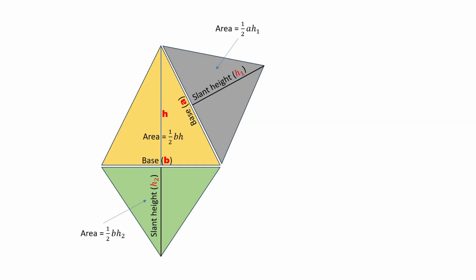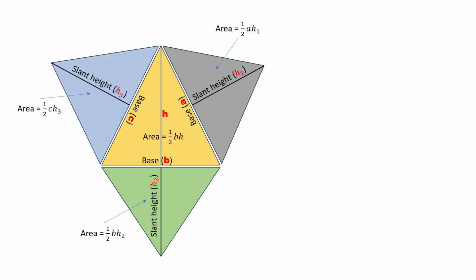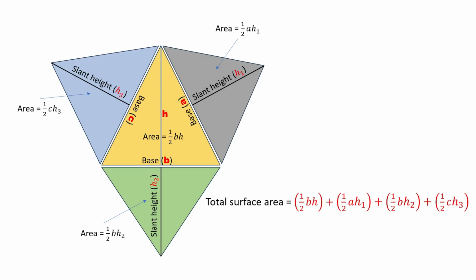Then lastly we have this fourth triangle on the side with base c and height h3. Hence its area is half ch3. So for the total surface area, we can now add all the 4 areas. Therefore, the total surface area is equal to half bh plus half ah1 plus half bh2 plus half ch3.